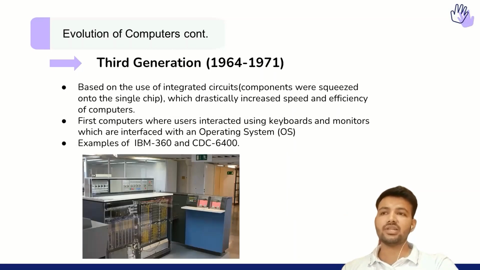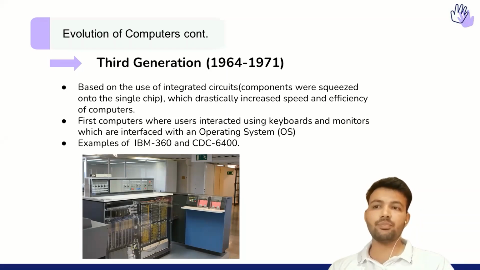Then let's come to the next generation, which is the third generation, which is marked from 1964 to 1971. It was based on the use of integrated circuits. So basically integrated circuits क्या होते हैं? They are components squeezed onto a single chip. एक ही chip पे हम बहुत सारे components को squeeze कर देते हैं. Integrated circuits are still used, and they are popularly known as ICs.